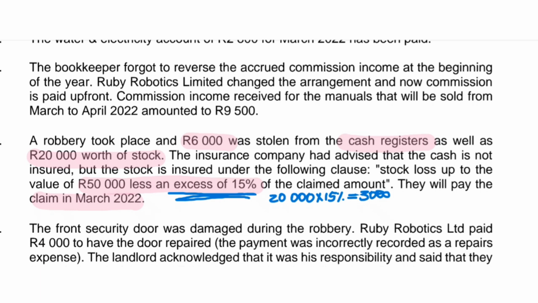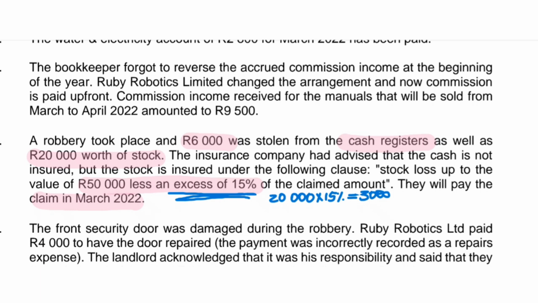This is what you have to pay to the insurer before they process your claim. So when we look at what we have lost in terms of value, we have lost a total of 9,000 rand. The first is the 6,000 rand cash that was not insured. There is no way we're ever going to recover the 6,000 rand. It's gone. And the second part of the 9,000 rand that we have lost is this 3,000 rand. The 20,000 rand, although it was stolen, the value of the stock is going to come back in the form of an insurance payout.